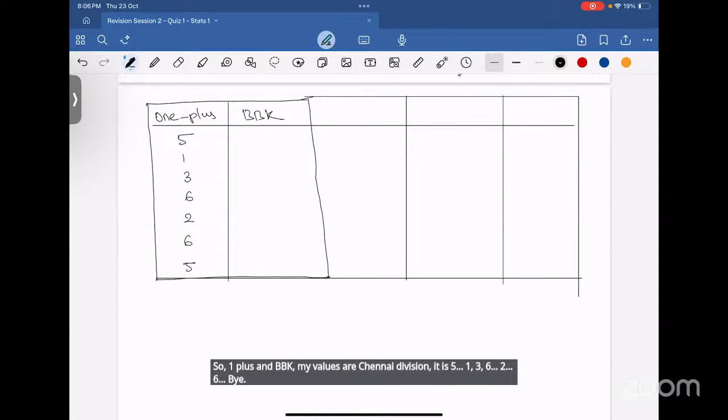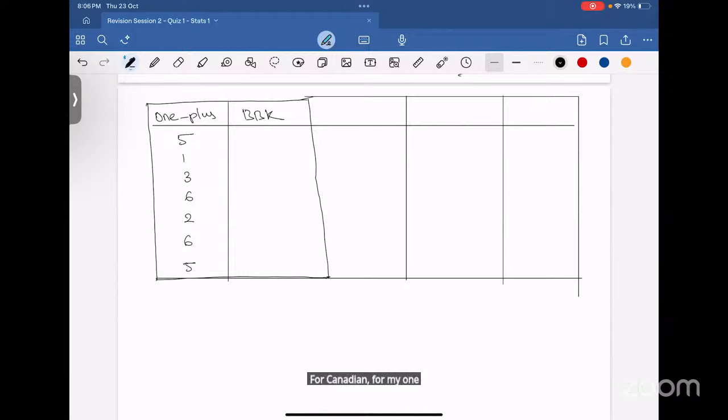For dealer's location, Chennai division 1 plus is 6, 4, 3, and 4. You have only 4 values. Yeah, for Chennai I have 4 values, and for Punjab I have 3 values. And for BBK, I have 19, 19, 12, 13, 15, 17. Sir, I have different ones.